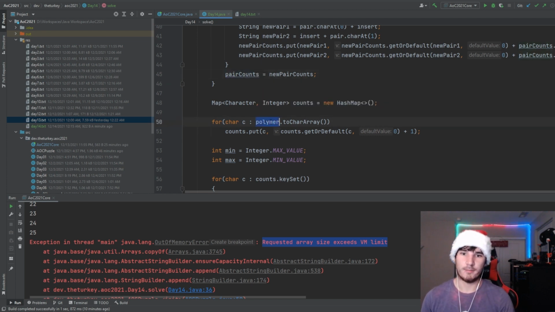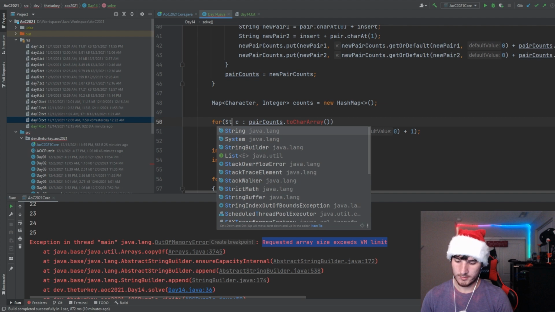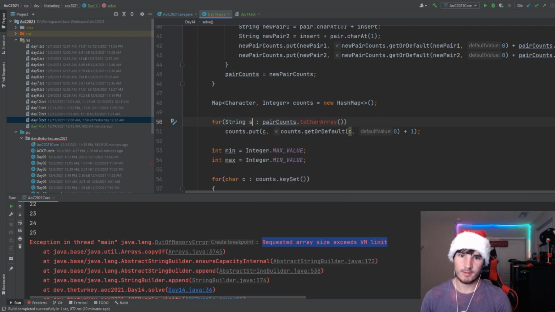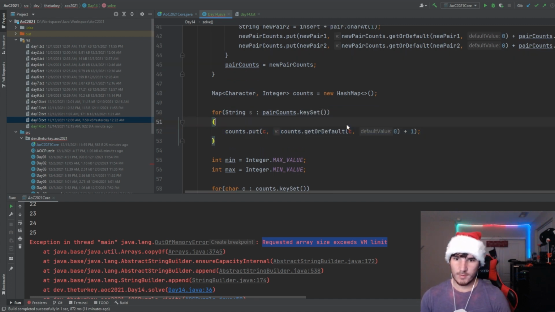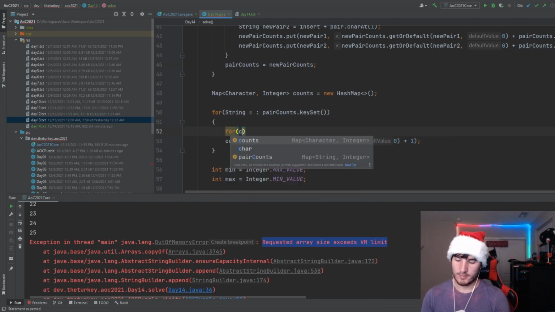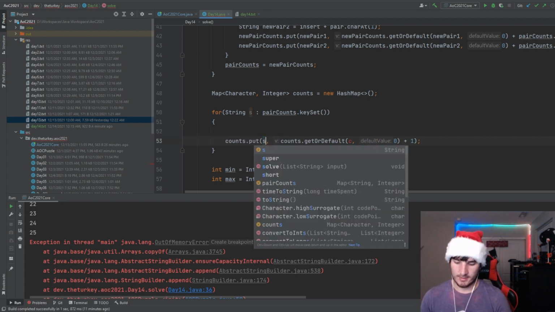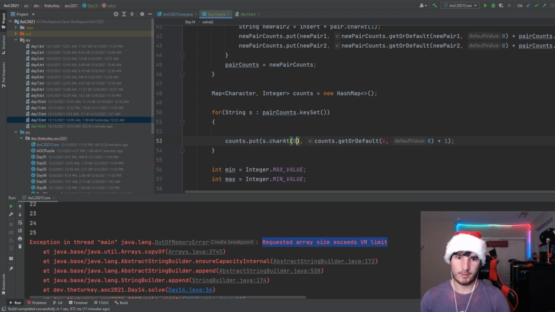It's going to become, here's our key set. And then let's do it this way. S dot char at 0.